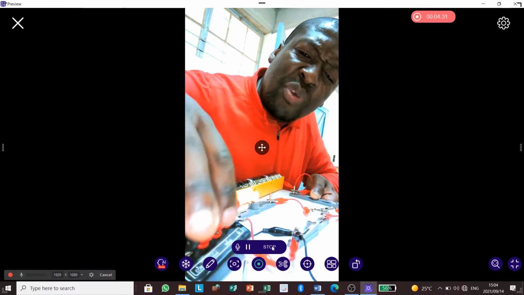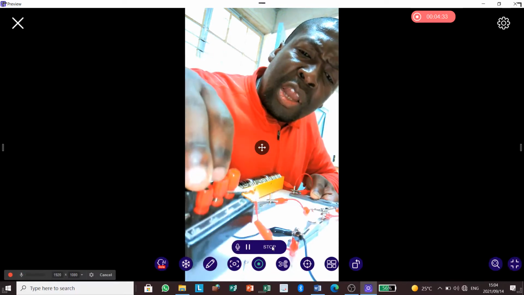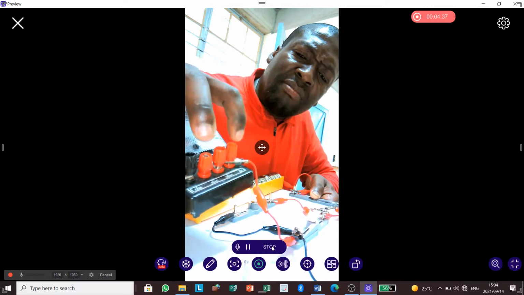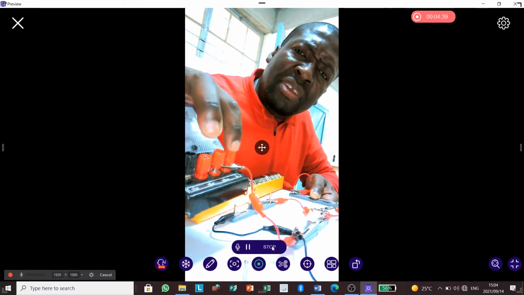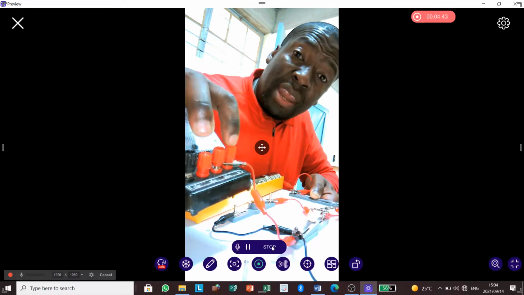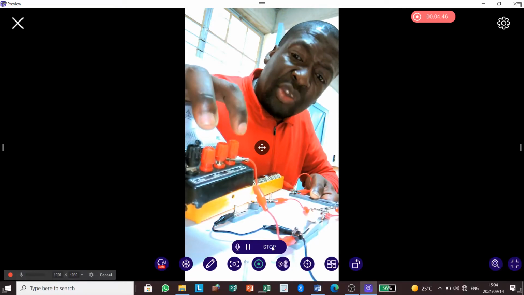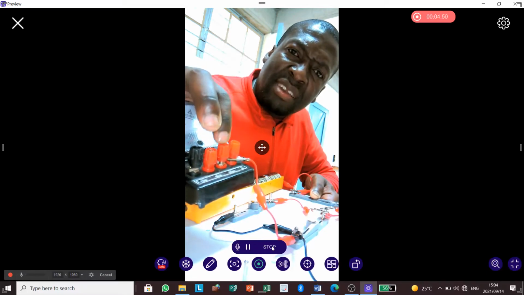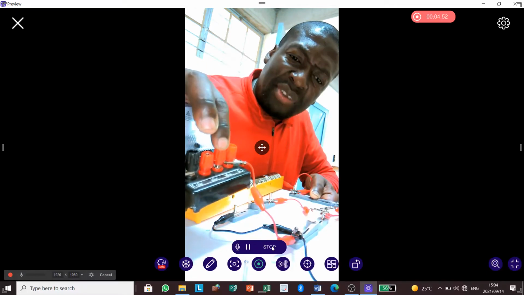Remember now that I have moved it from a lower scale of 500 milliamperes. Now I'm using 5 amperes. So 1000 milliamperes is equal to 1 ampere. So to move from amperes to milliamperes, you multiply amperes by 1000.